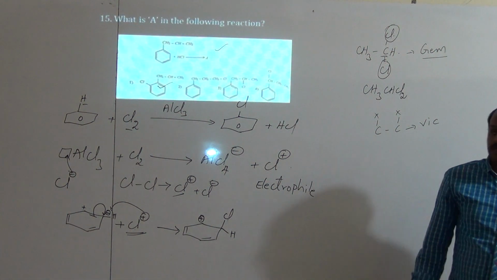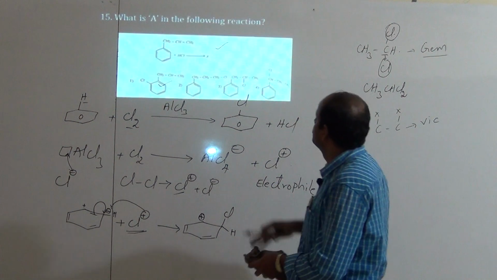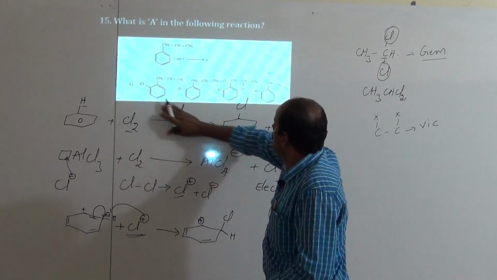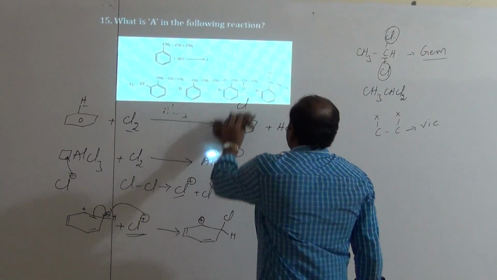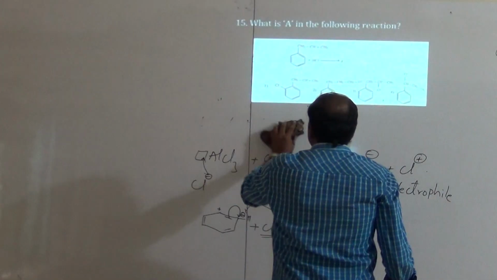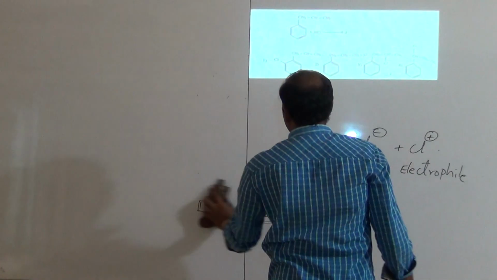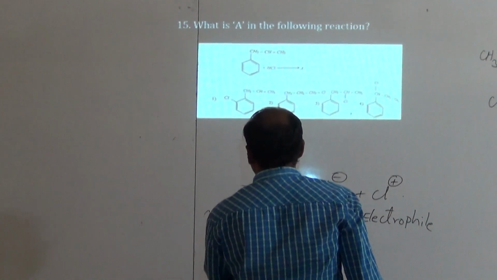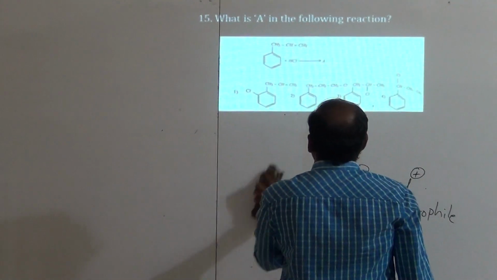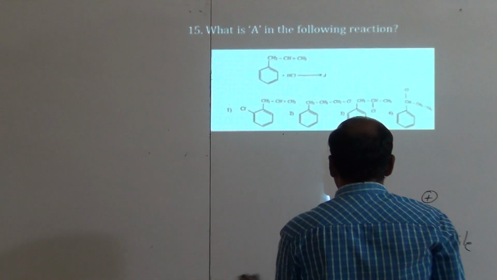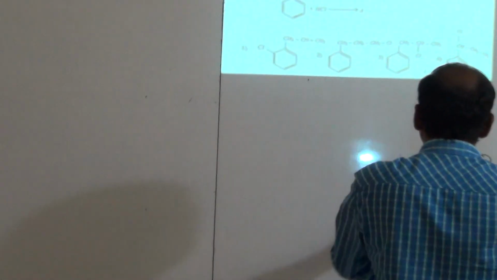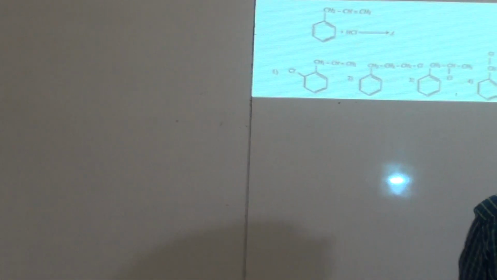What is A in the following reaction? Here they have given one equation. What is that? C6H5CH2 single bond CH double bond CH2. That is the given molecule.